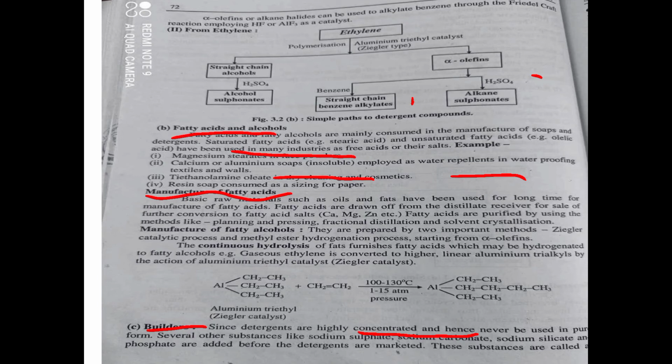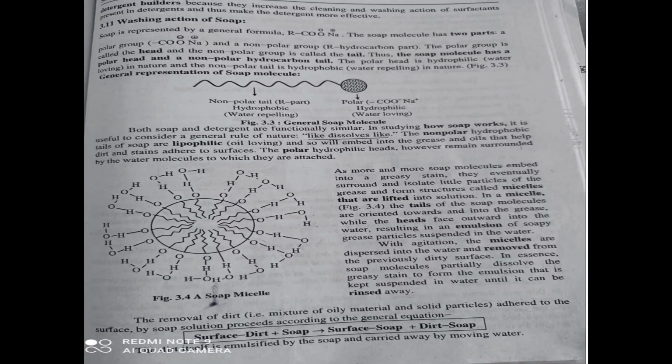So other substances like sodium sulfate, sodium carbonate, sodium silicate and phosphates are added before the detergent is marketed. Okay, these substances are called detergent builders. So these substances, sodium sulfate, sodium carbonate, sodium silicate, are added before the detergent is marketed.